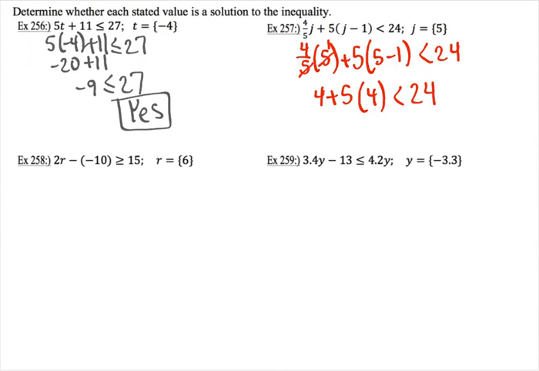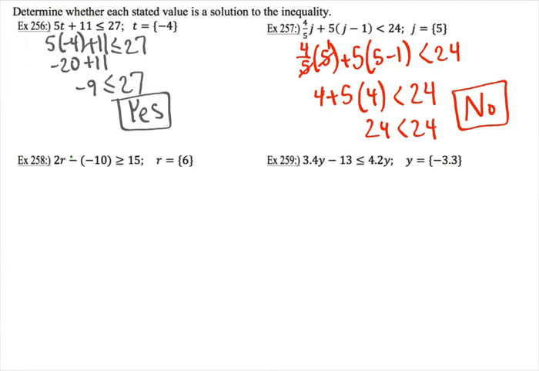So 4 plus 5 times 4, that's 4 plus 20, that's 24. Is 24 less than 24? No, it actually is equal to it, and since this is not an or equal to, that is false, so that is not a solution. In fact, that is the boundary point, but the boundary point's not included this time. Okay, next example.